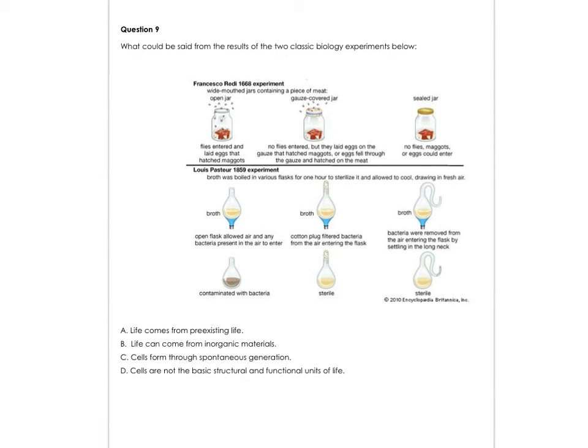So no flies entered, but they laid their eggs on the gauze, and they hatched into maggots, or eggs fell through the gauze and hatched on the meat, so that didn't really work very well. And then he sealed the jar, and there were no flies and maggots. So there were fewer maggots and flies on this one, and none on the one that was absolutely sealed. And so Redi pretty much showed that dead things do not turn into flies.